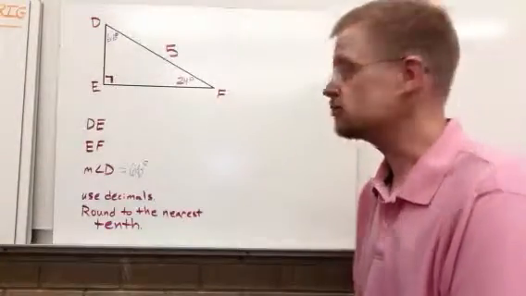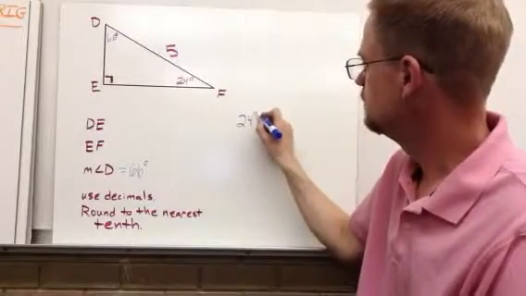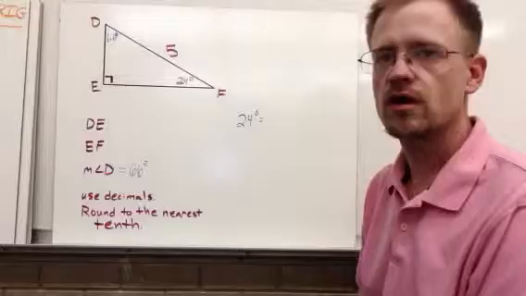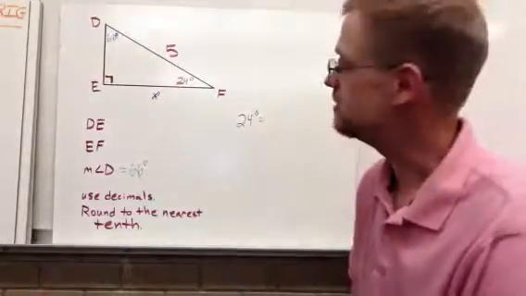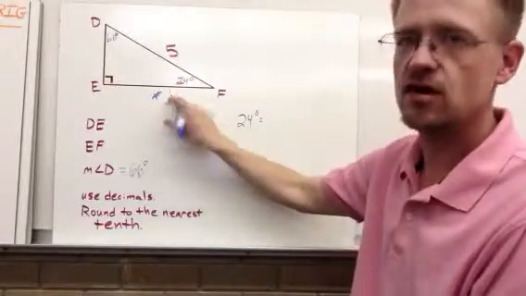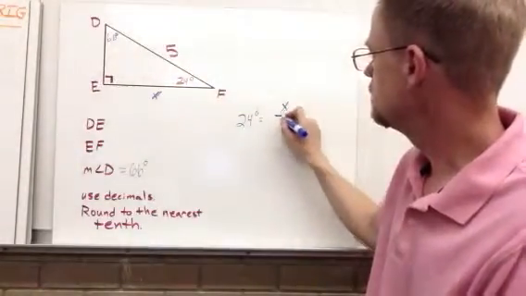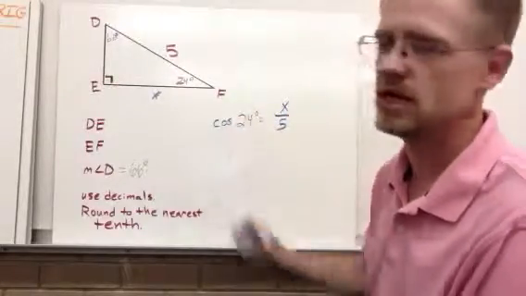It does affect which ratio we use. So we have a 24-degree angle. Let's say that we're going to find this adjacent side first. So we have an adjacent over a hypotenuse, which means we're going to be using cosine.